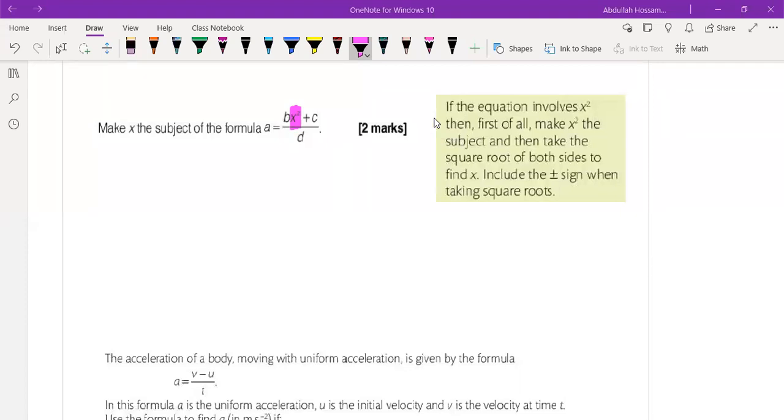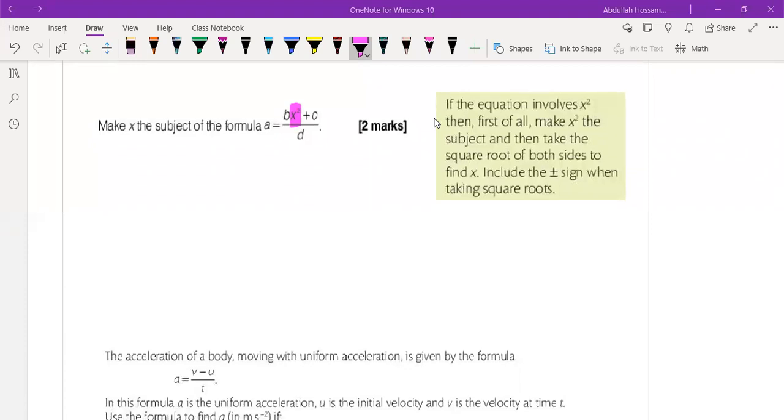So we put the x in the place of the a, meaning we multiply it with the a. Sorry, divide. You mean you multiply a by d? Yes, excellent. Because we said the first step is to clear the fractions. So we have a fraction here, so we multiply by the denominator of the fraction.